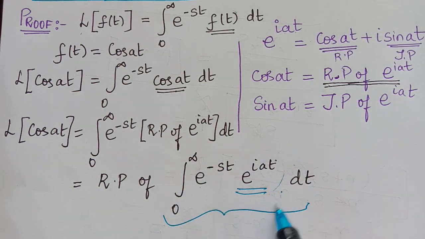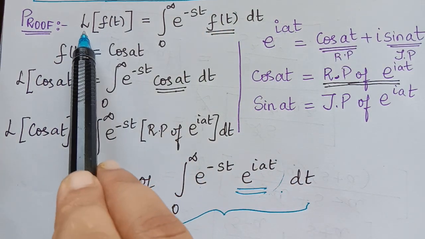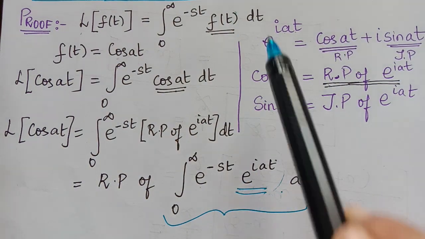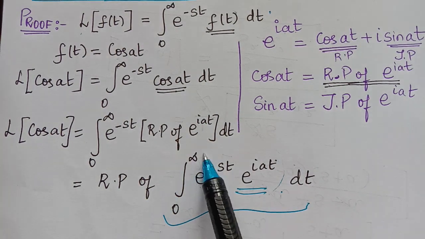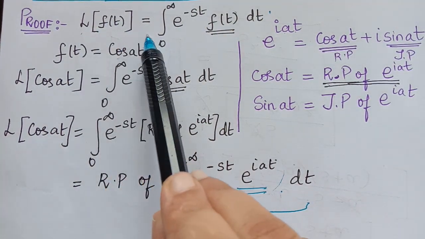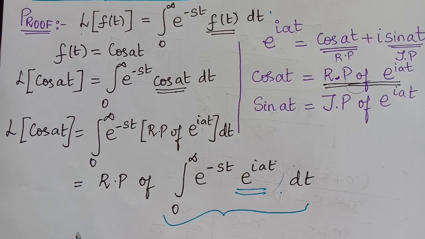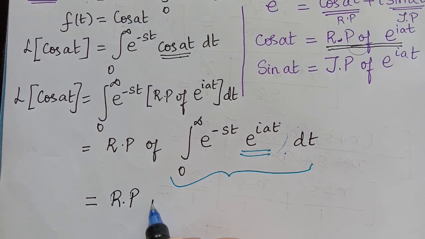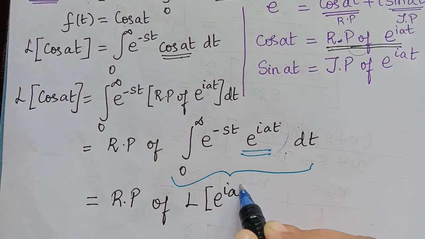So this complete integral, by using this formula, we can write as L of e power iat, because at the place of f of t we are having e power iat. So this will be equal to real part of L of e power iat.